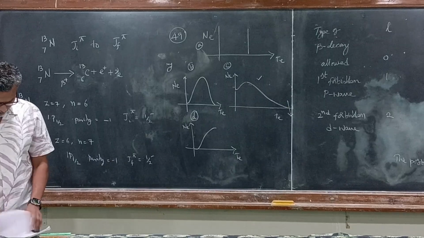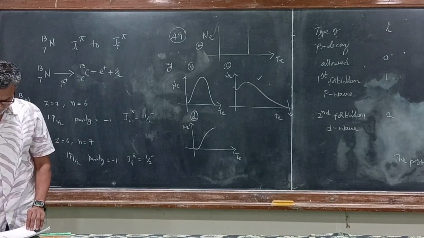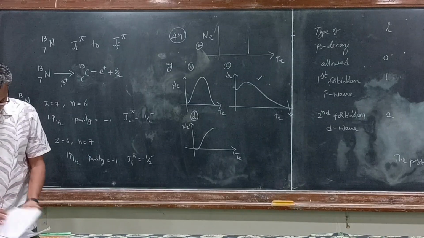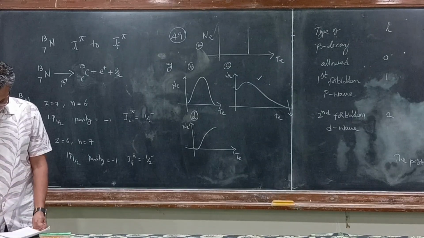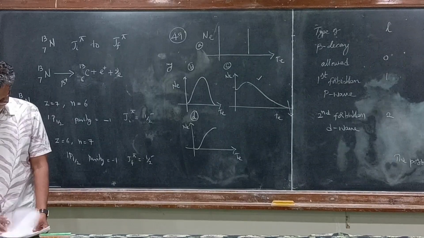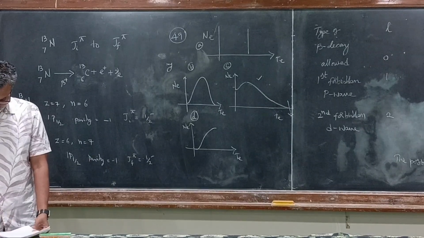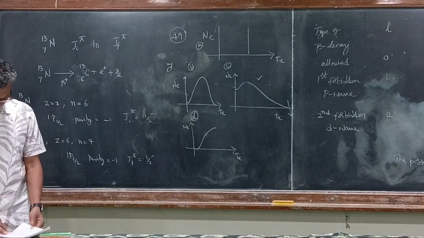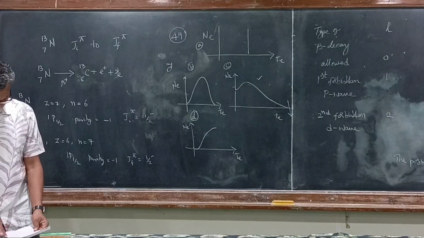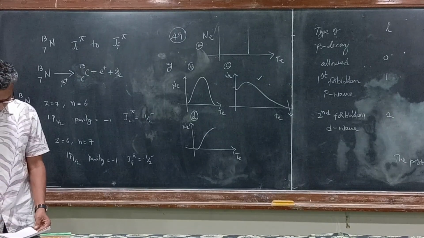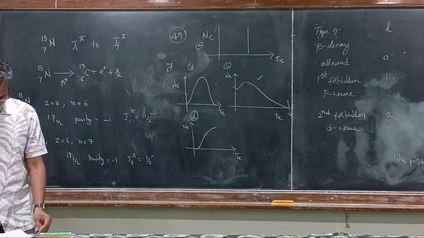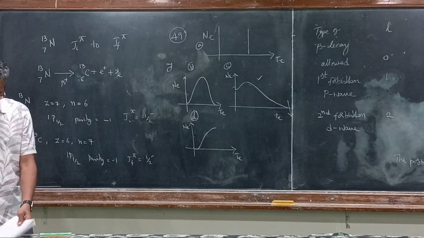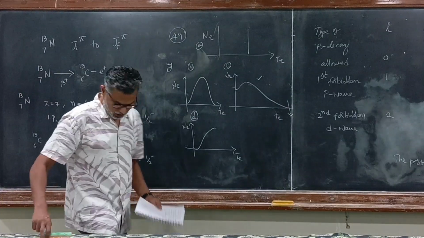Then anything else that we missed in the morning session? GFDR, binding energy. Yeah. So all the problems are discussed from this point of view. Now, in the beta decay process, let's say there is some classification.